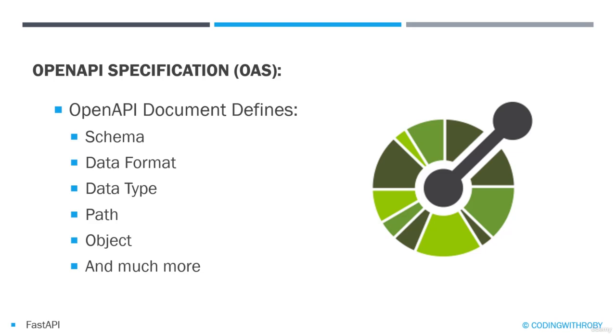The data types, in which primitive data types are handled throughout the requests and the responses. Path, which in essence is how to handle parameters if the specific API takes any. The object itself and how objects should be handled within an API. And so much more. OpenAPI specification allows you to be able to write clean code when dealing with APIs and web services.